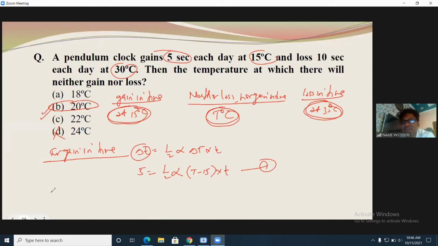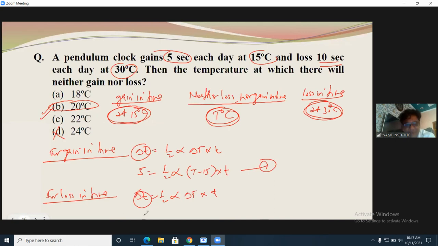In the same way, we can develop the relation for the loss in time. For loss in time, delta T is equal to 1 upon 2 alpha delta T into small t. This is the general relation we have taken in class. What is the value of the loss in time? 10 seconds per day.